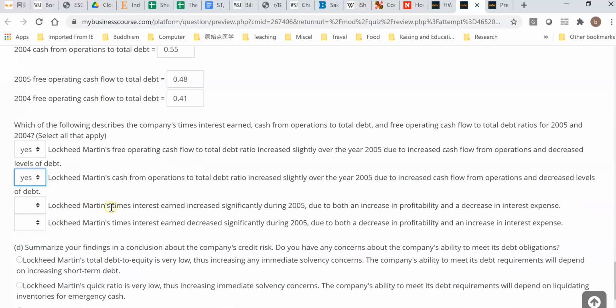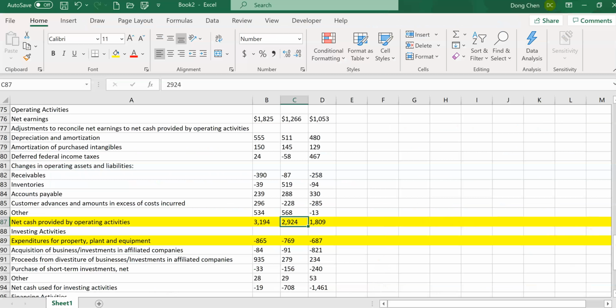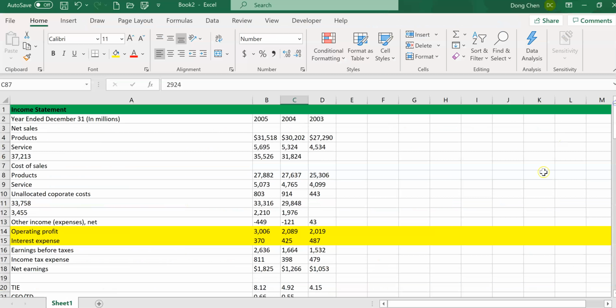Lockheed Martin's times interest earned has increased significantly during 2005 due to both an increase in profitability and a decrease in interest expense. Here we can directly observe whether that's the case by looking at the income statement. So this is the EBIT and this is the interest expense.